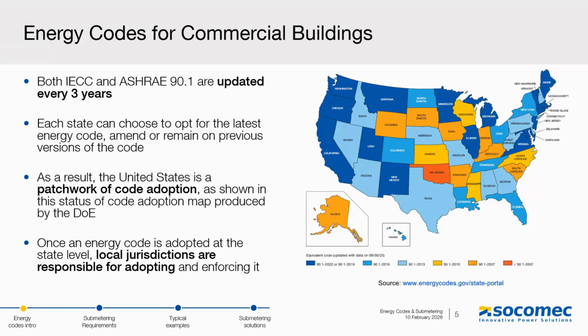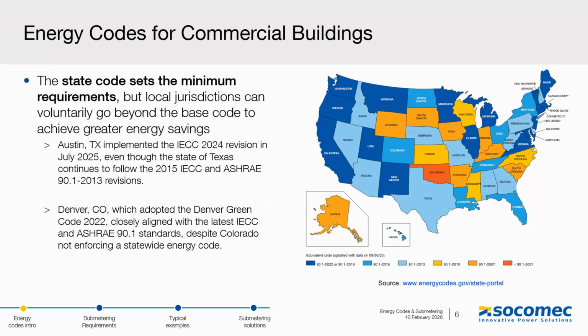Once a code is adopted at the state level, then it's up to the local jurisdictions to enforce it and to adopt that version of the code. A few more info on the energy code: the state level code sets the minimum requirements, but like I said, it's up to the local jurisdictions to enforce it.